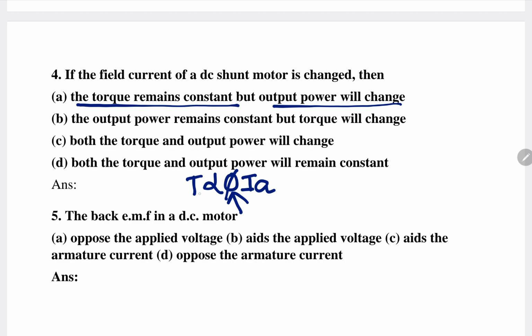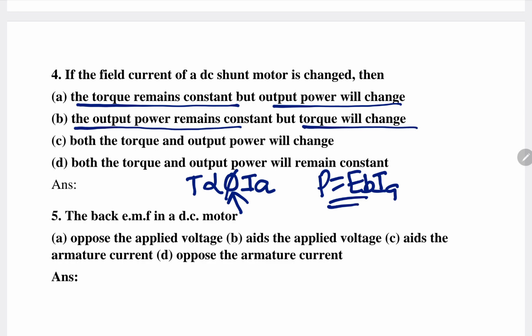So flux changes means torque is going to change. Power P is equal to Eb into Ia. Power is not going to change, power remains constant. So torque will change but power remains constant.